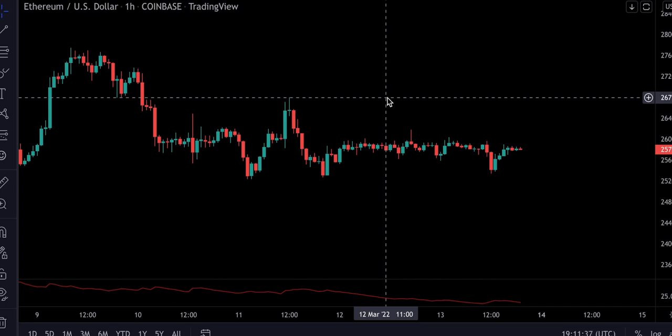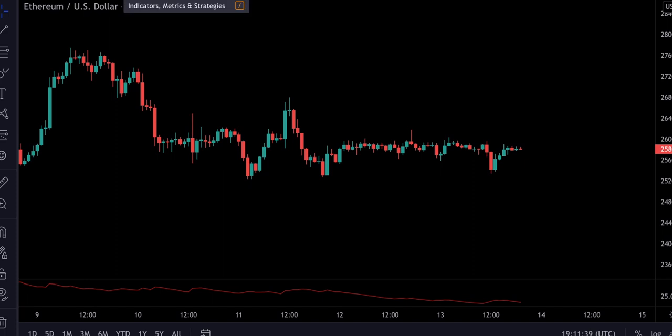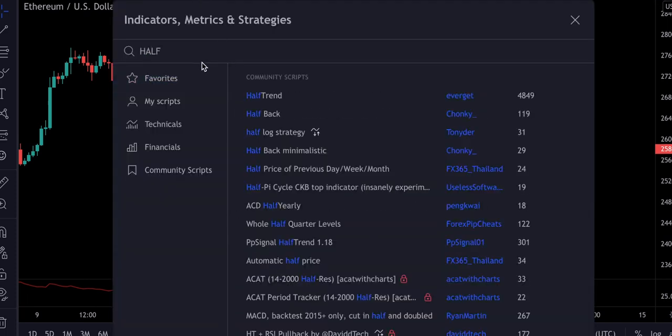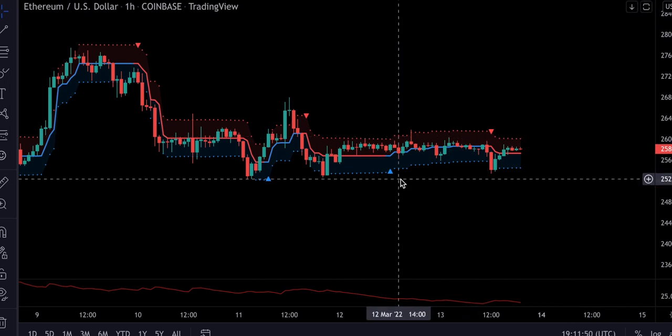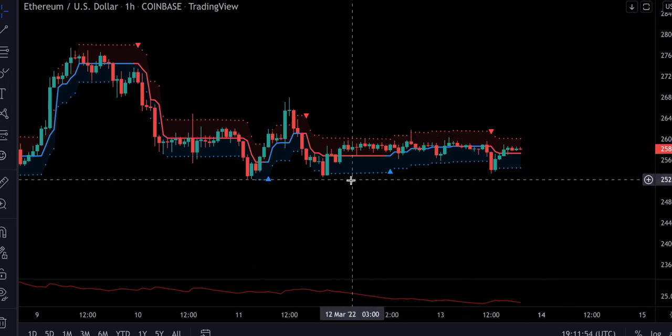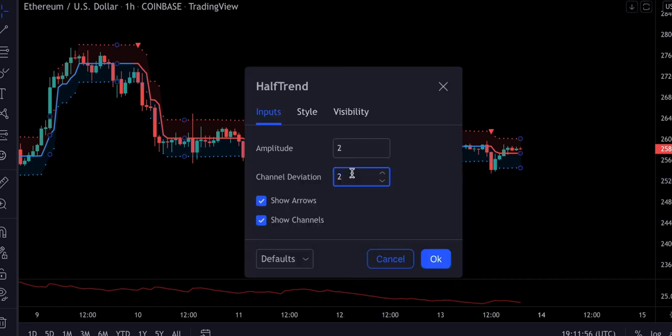Okay, so that strategy consists of two indicators. The first indicator is called Half Trend, this indicator right here by Everget. So we click on that indicator, and what we need to do right now is to adjust this indicator first.